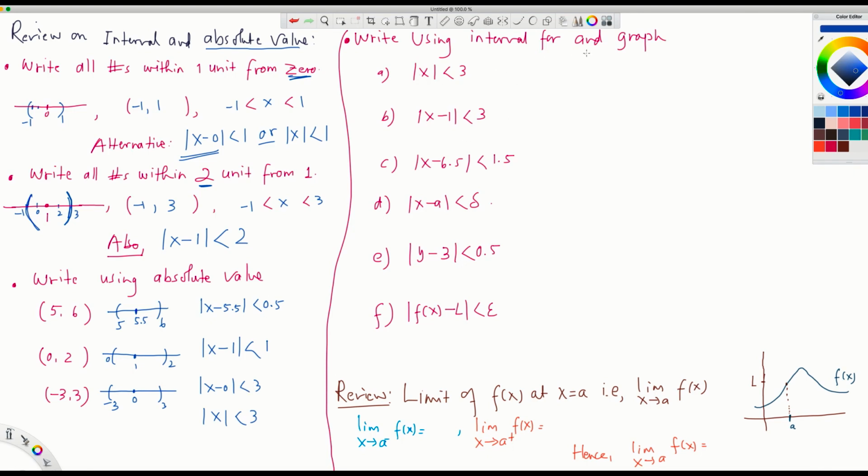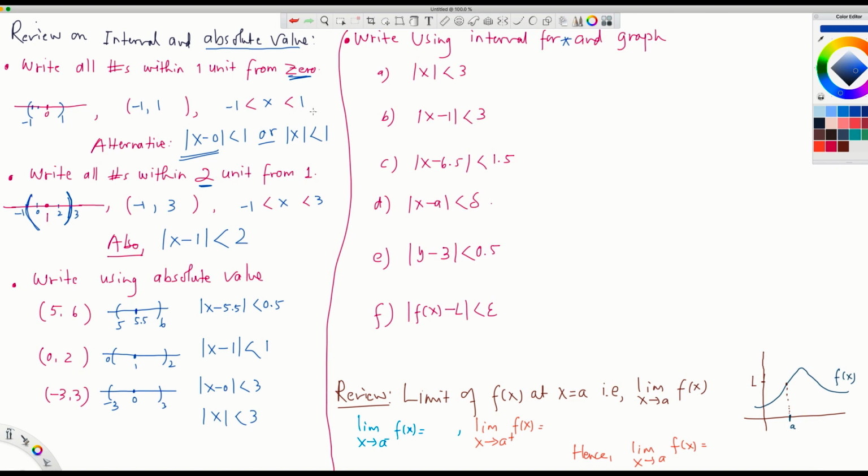Now write using the interval for the following problem and also use the graph. Okay, so how do I do that? Look at this. If there is -1 less than x less than 1, the shortcut way using the absolute value is, you write absolute value of x less than 1.